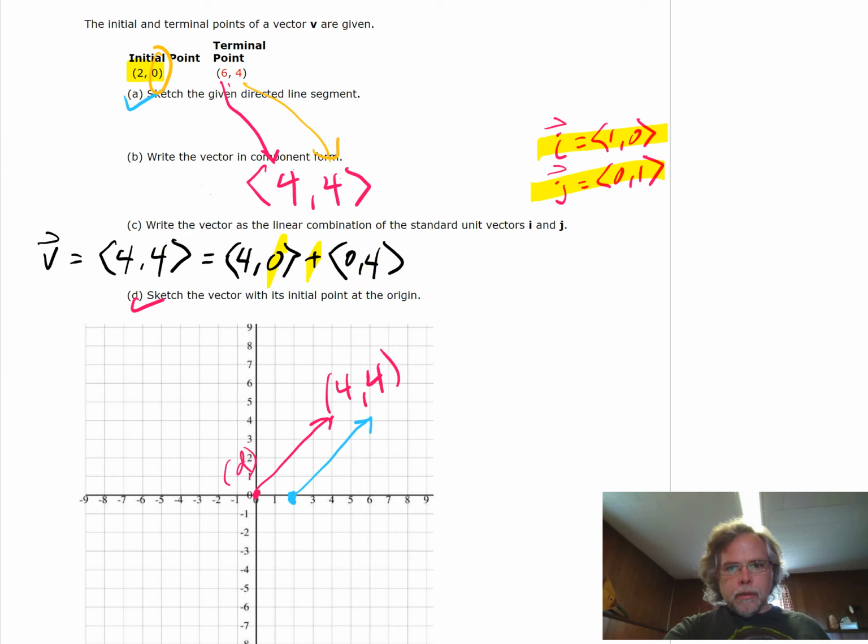And then the next thing we can do, written out, looks like a factoring or distributing thing, but it's really what's called a scalar multiple. The number 4, that's just a number, times the vector (1, 0) is equal to (4, 0).